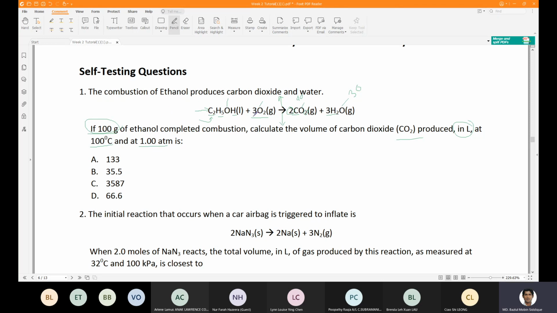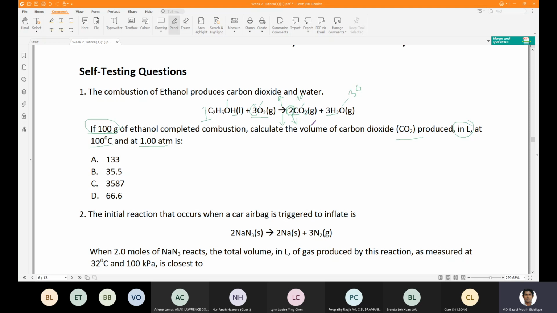Since the equation is balanced, we can comfortably say that 1 mole of ethanol reacts with 3 moles of oxygen and produces 2 moles of carbon dioxide, right? 1 mole of ethanol produces 2 moles of carbon dioxide when it is balanced.